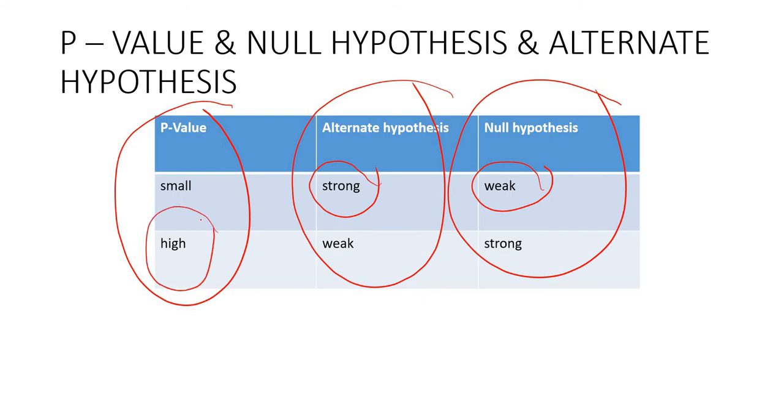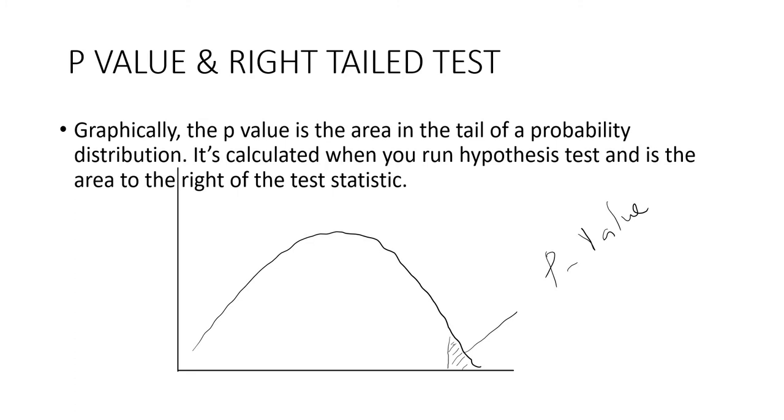P-value high: that means your alternate hypothesis is not needed, it's weak, and the null hypothesis is strong. This is the table you can remember. From this you can easily understand what is p-value, null hypothesis, and alternate hypothesis. Really interesting, this table.